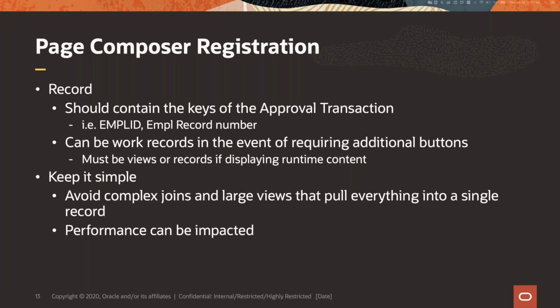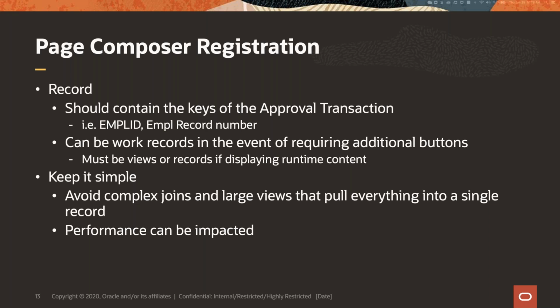So approvals is one of those composition type registrations where you're going to have multiples based on a key within the parent transaction. In this case, it's the approval transaction name. But as you're registering with Page Composer, any record that you add to Page Composer or have lookups should include all of your transaction keys.